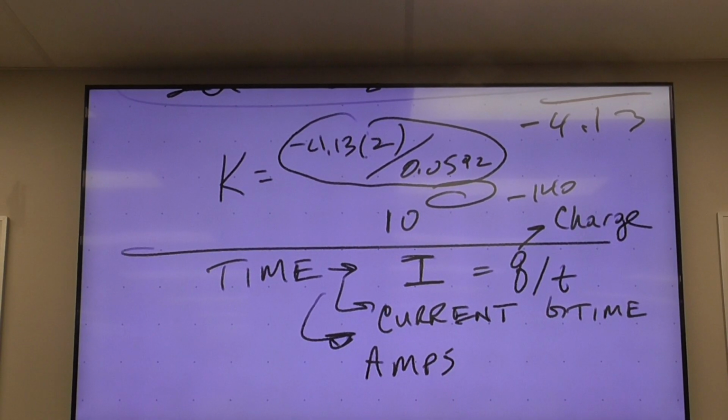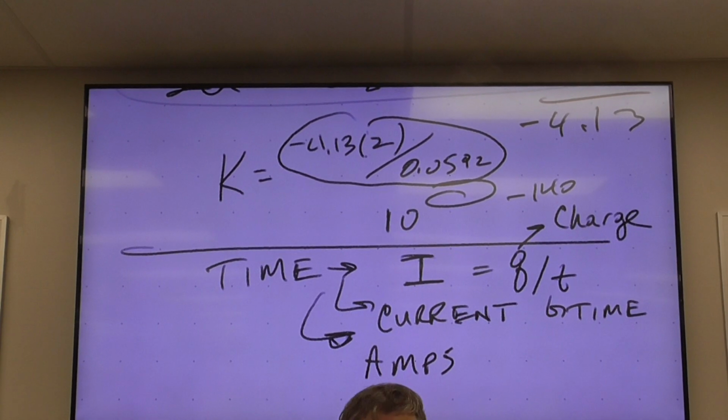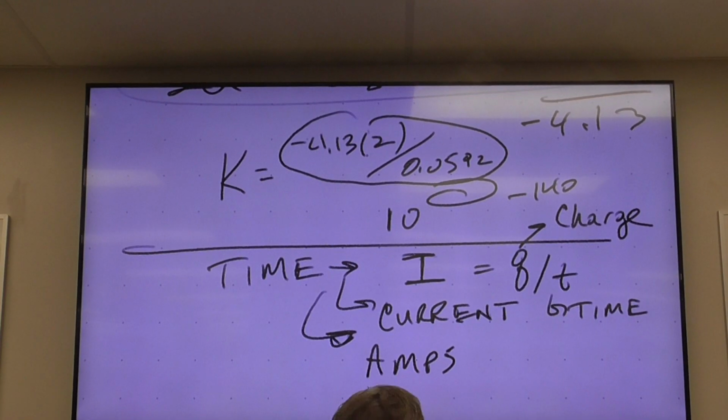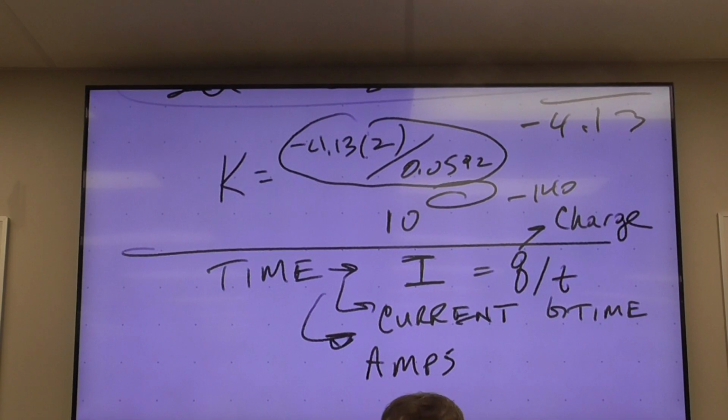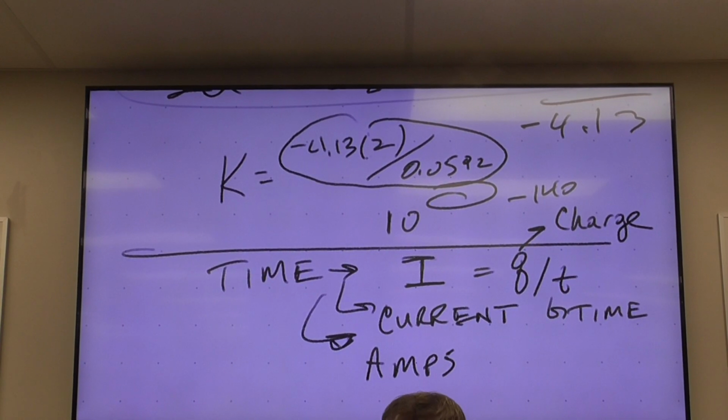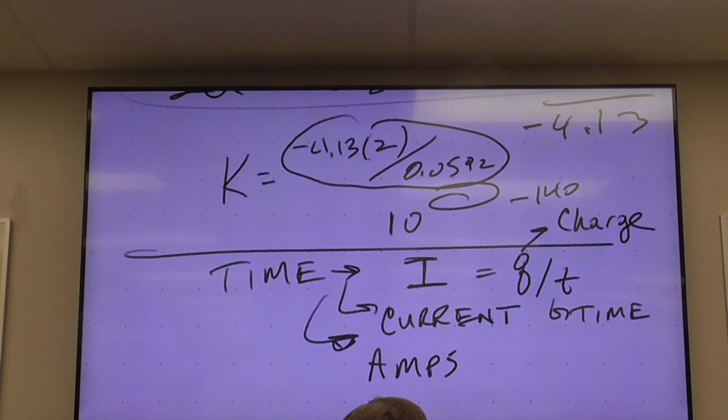If you've ever seen the breaker box in your house, most breakers might be rated at 15 amps. What that means is the 15 amp breaker can withstand 15 coulombs, and that's the unit of charge. So charge is going to be coulombs.